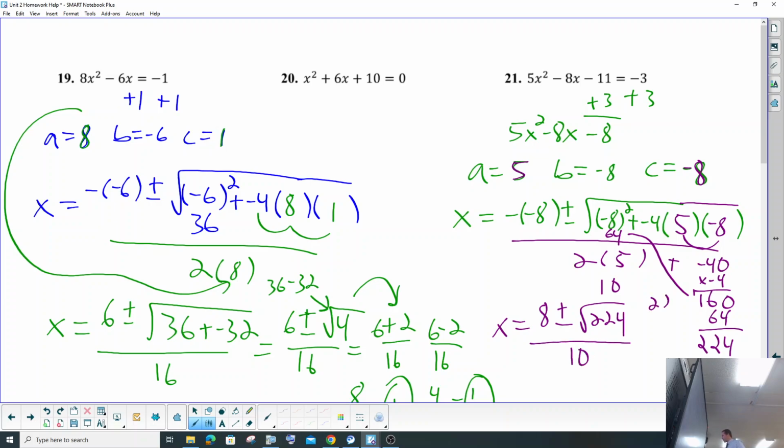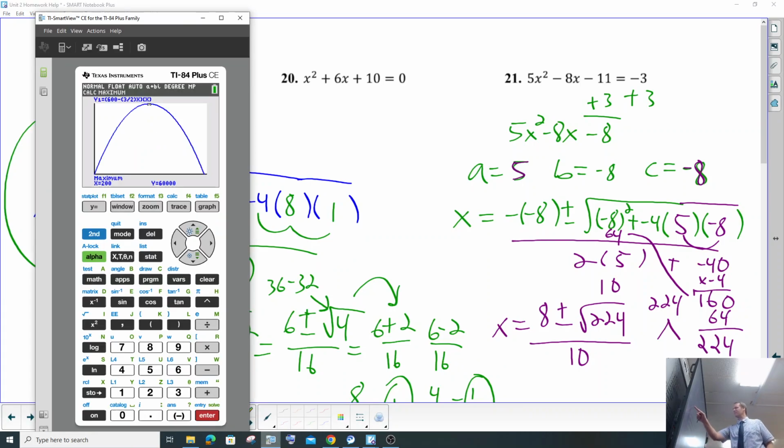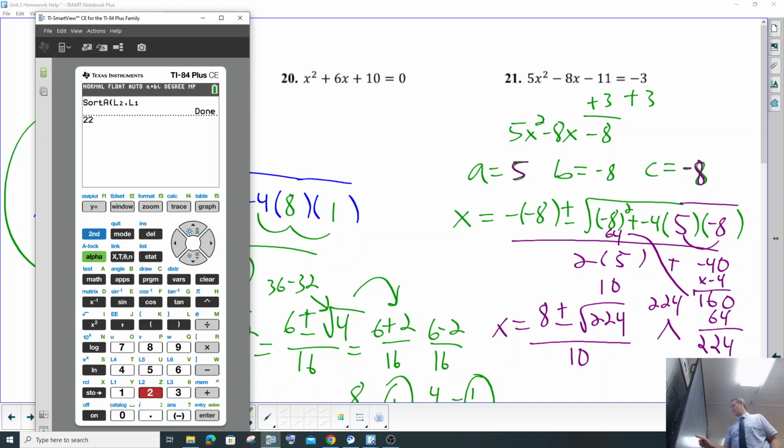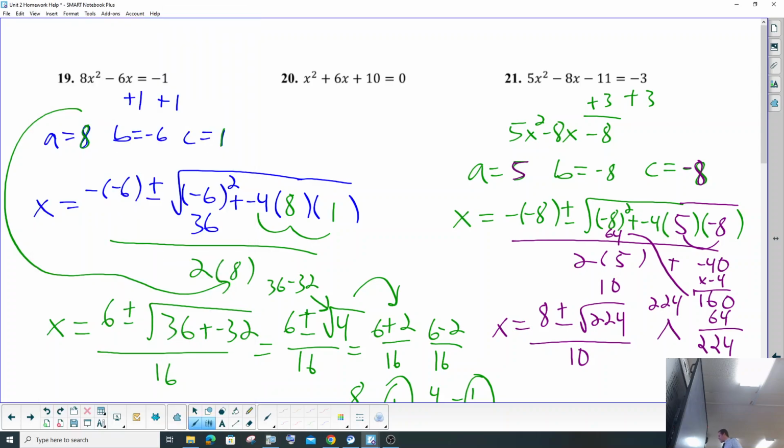And then your 224 could probably break down more, right? So we try some perfect squares there with our calculator. 224 divided by 36 maybe? No. 224 divided by 16, that's a perfect square. So we break that down into 16 times 14.